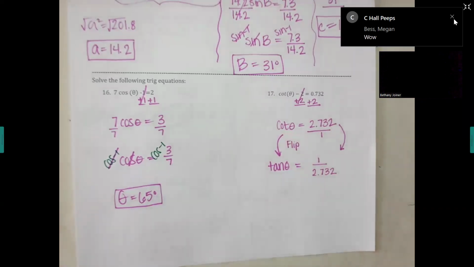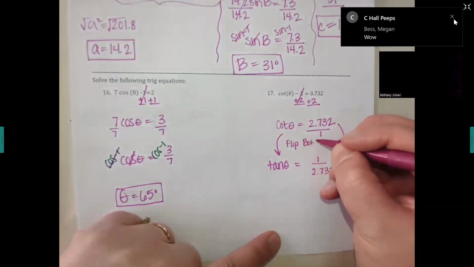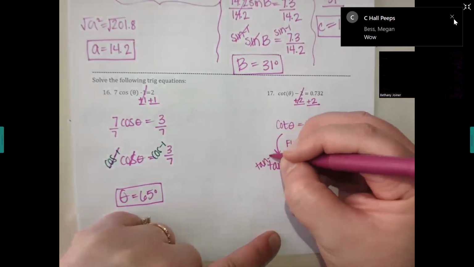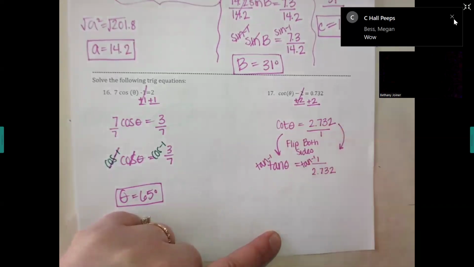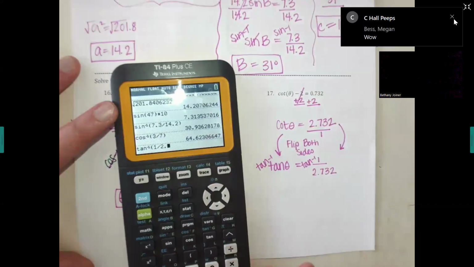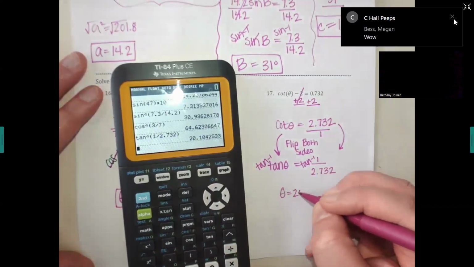Because I don't have a button for that on my calculator. You only have sine, cosine, tangent. So I'm going to write here, flip both sides and then inverse tan of 1 over 2.732. Okay, that comes out to 20 degrees.